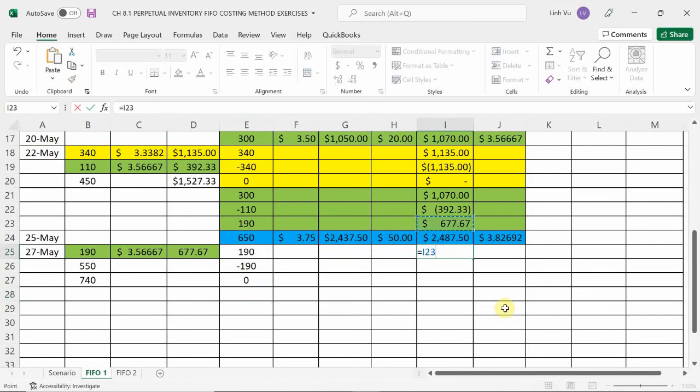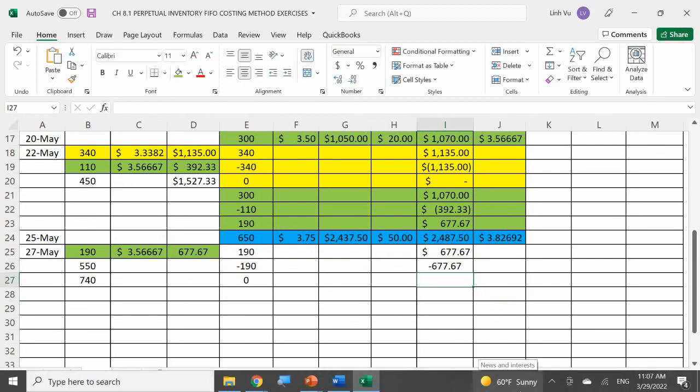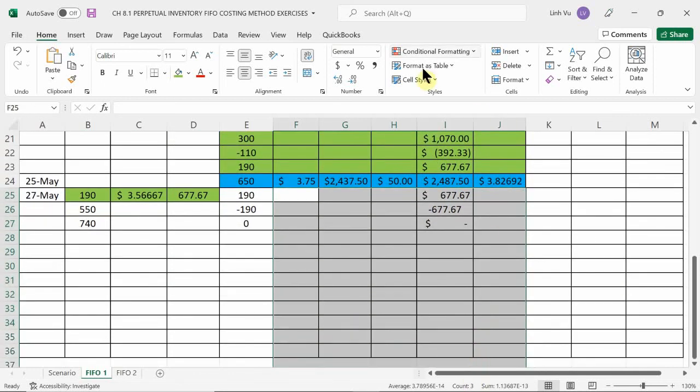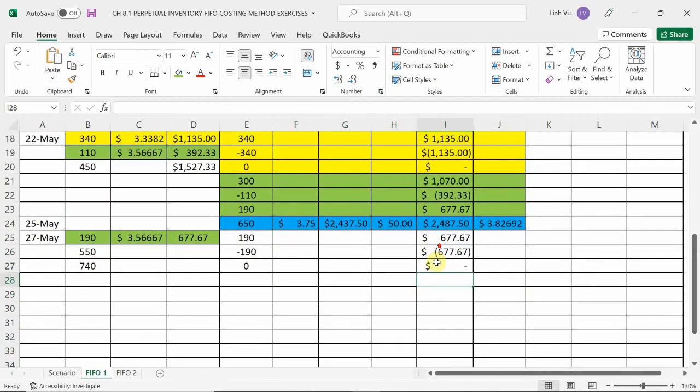So 677 minus my 677 is going to give me 0. And this is my green batch of inventory.